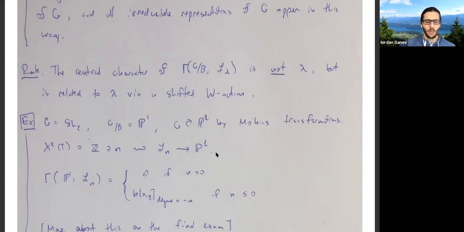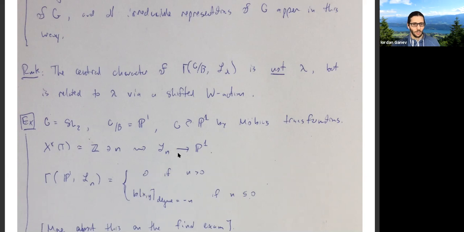Maybe you know about the Serre twisting sheaf, and generally line bundles on P1 being indexed by the integers. Depending on the conventions, this is either that same indexing or it's related by a minus sign.